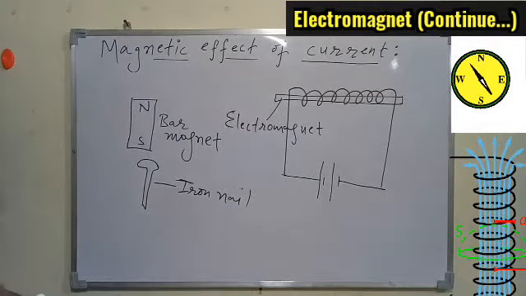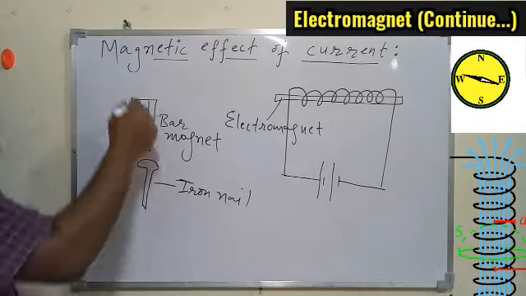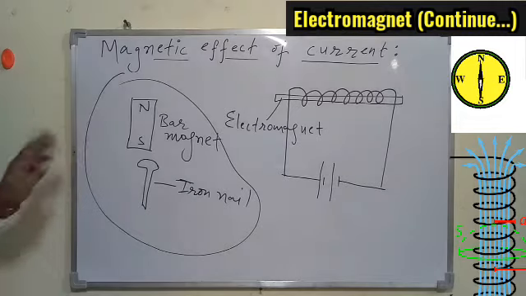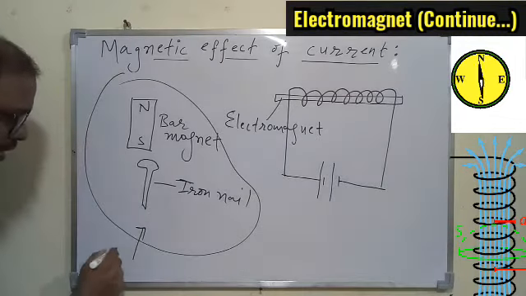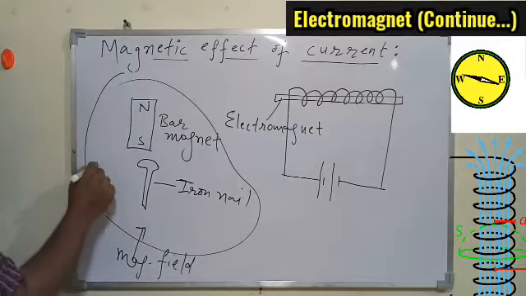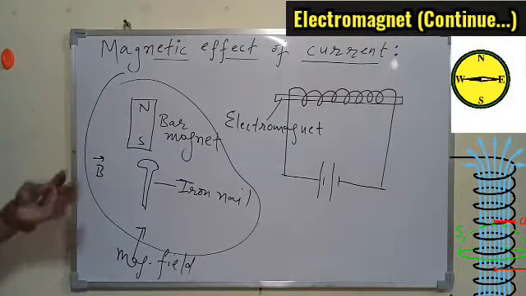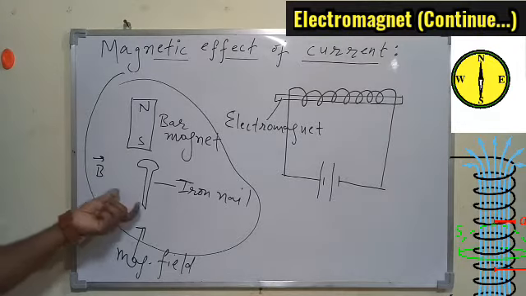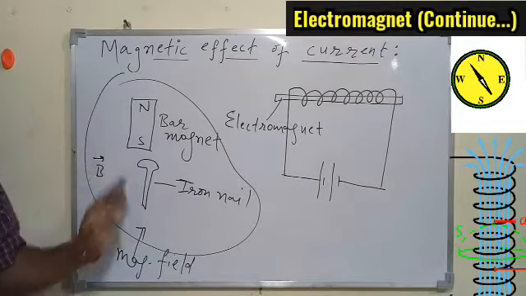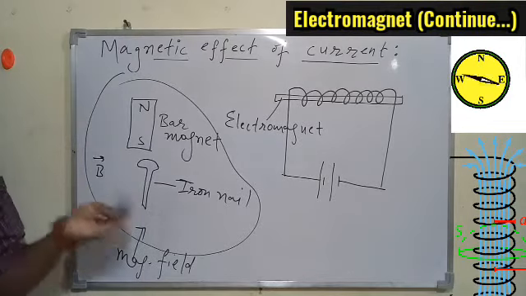When the iron nail is placed within the magnetic field, the bar magnet will have the magnetic field. So this is the magnetic field of the bar magnet. Everywhere there is a magnetic field or magnetic field strength, and once this magnetic material is placed within the magnetic field, basically it becomes a magnet.